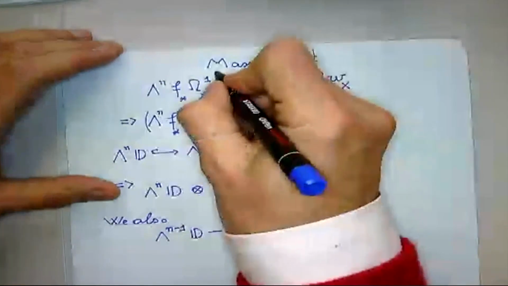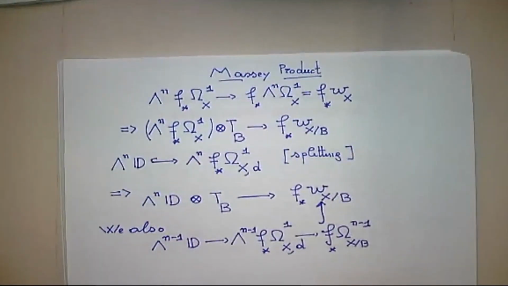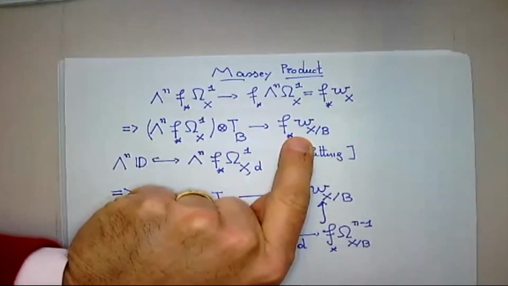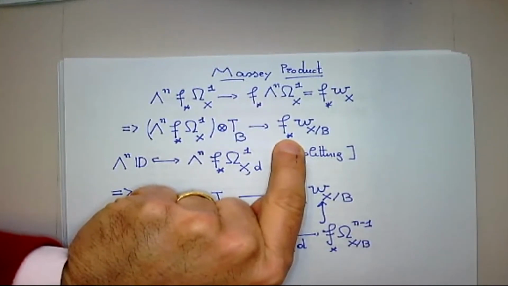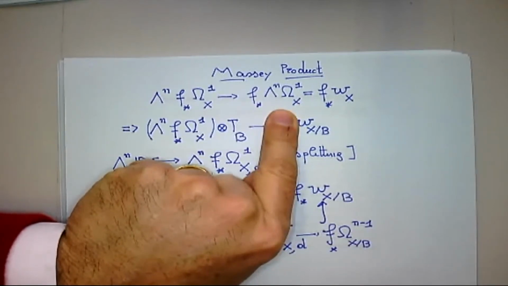Massey products. As I told you, these objects, if you look fiber-wise, are n-1 forms. If you look on the ambient variety, essentially are volume forms in some sense.